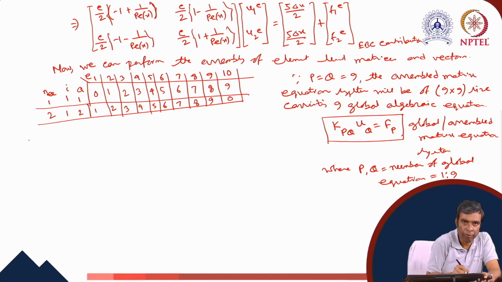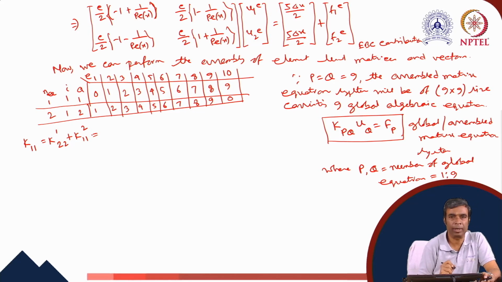So for the first row, let us perform the assembly. K11 equals K221 plus K112. We know the construction of the assembled matrix by using the LM array, so we are using it in a straightforward manner.